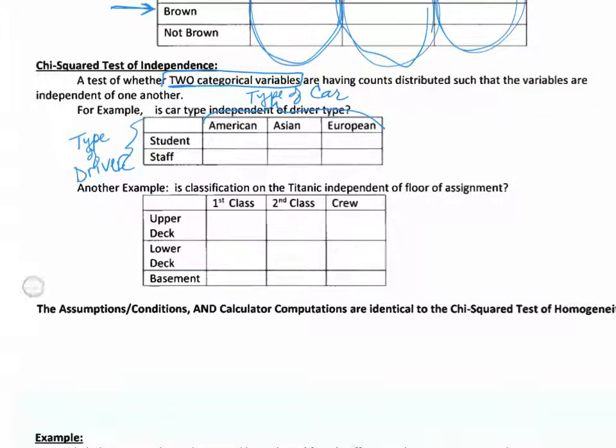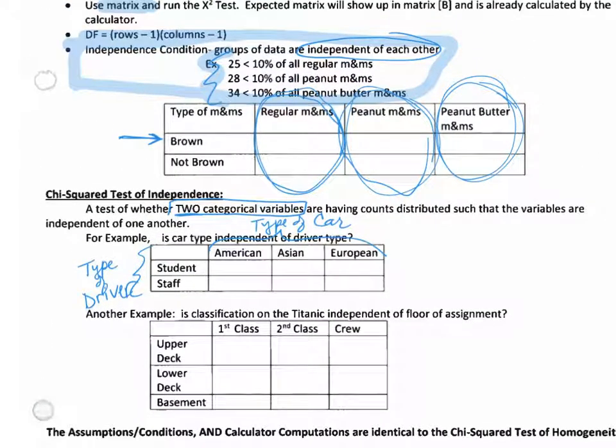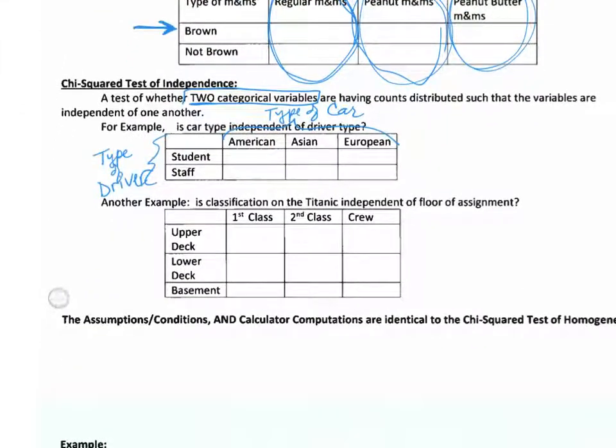Now I will tell you that telling the difference between homogeneity and independence has been very difficult for me, and I've never really totally and completely locked it down until last year, and then I finally got it on paper this year. And the key is that homogeneity is just one category, but here it was a total variable.